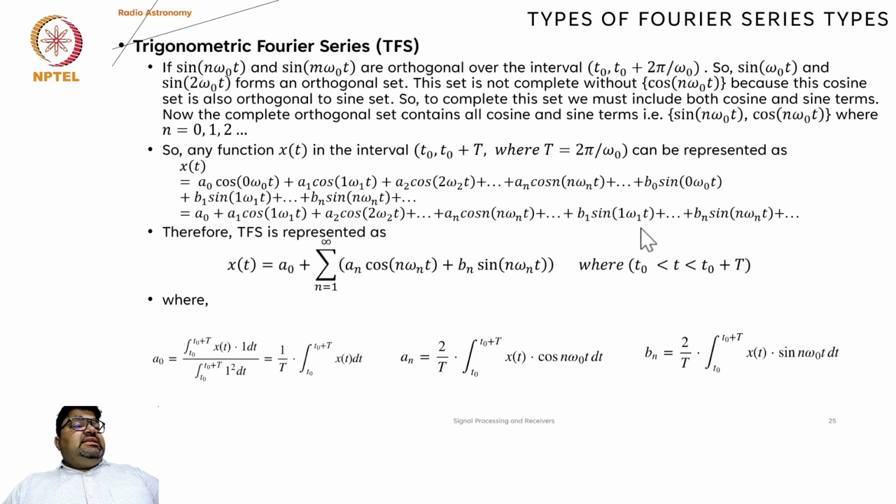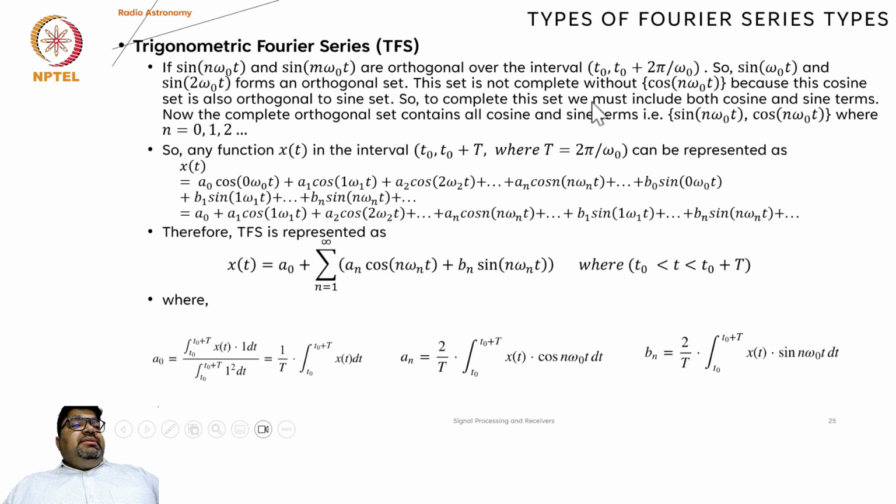Types of Fourier series: there is the trigonometric Fourier series. Sine n omega naught t and sine m omega naught t are orthogonal over the interval t naught to t naught plus 2 pi by omega naught, so sine omega naught t and sine 2 omega naught t form an orthogonal set. This set is not complete without cosine n omega naught t, because the cosine set is also orthogonal to the sine set.